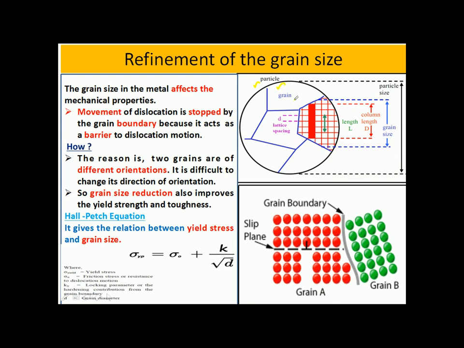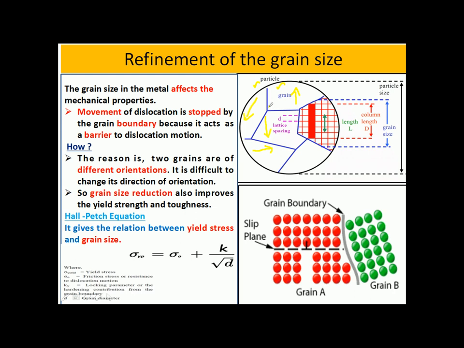Each grain has a different orientation. For example, in this grain the orientation is in this direction, and in this grain the orientation is in this direction. The blue color line shows the grain boundary.